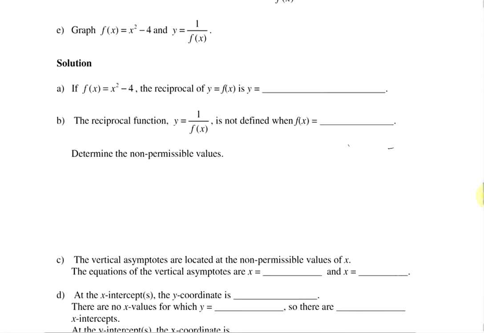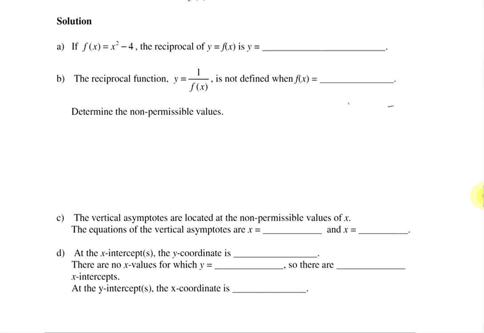Okay, so for the first part of the questions, if f of x is equal to x squared minus 4, then its reciprocal is y equals 1 over x squared minus 4. The reciprocal function is not defined when f of x is equal to 0.